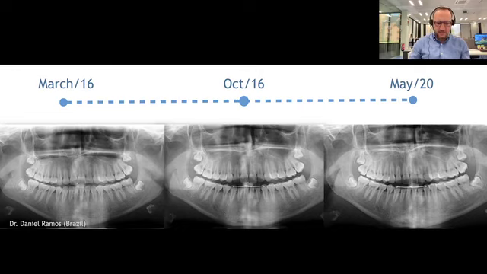Now let's make it a little bit more complex. Okay, this is another patient. We can see that she has a profile that is not straight, it's more convex, and it's good. At least in Brazil, research was done, and women prefer more volume in the lips.